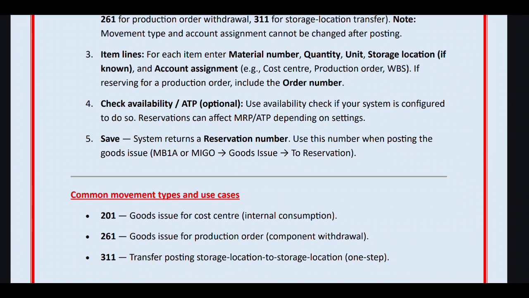Below are some common movement types in very specific cases. 201 is a goods issue for the cost center, internal consumption. We are using 201 for direct consumable items. 261, goods issue for the production order. Like when we plan our stocks for any maintenance activity, we can plan in our maintenance order.